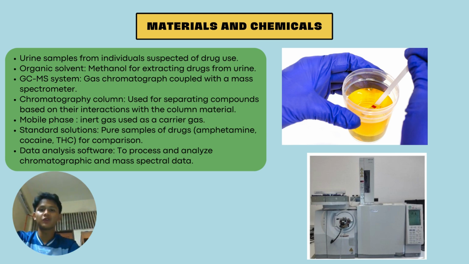Chromatography column is used for splitting compounds based on their interaction with the column material. Mobile phase is an inert gas used as a carrier gas. Standard solution is a pure sample of drugs such as amphetamine, cocaine, THC for comparison, and data analysis software is used to process and analyze chromatographic and mass spectral data.